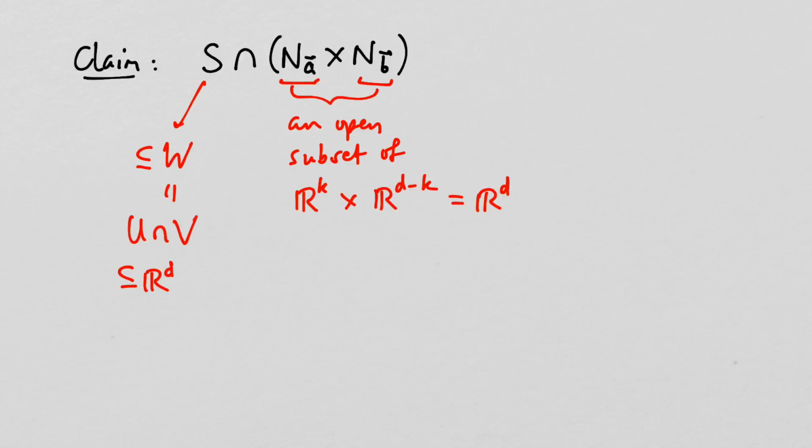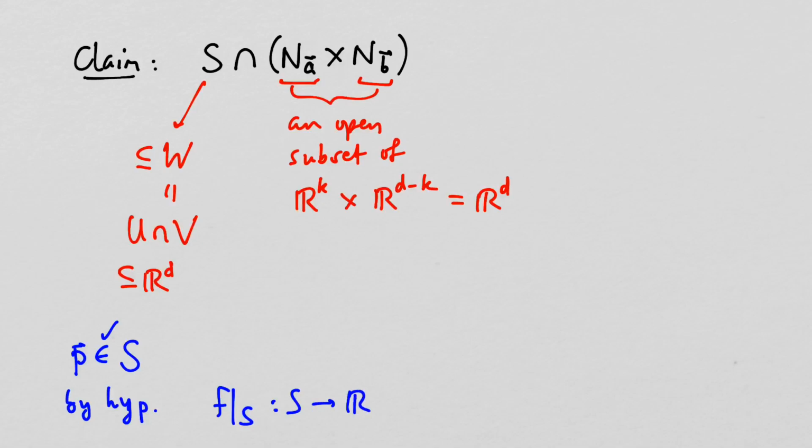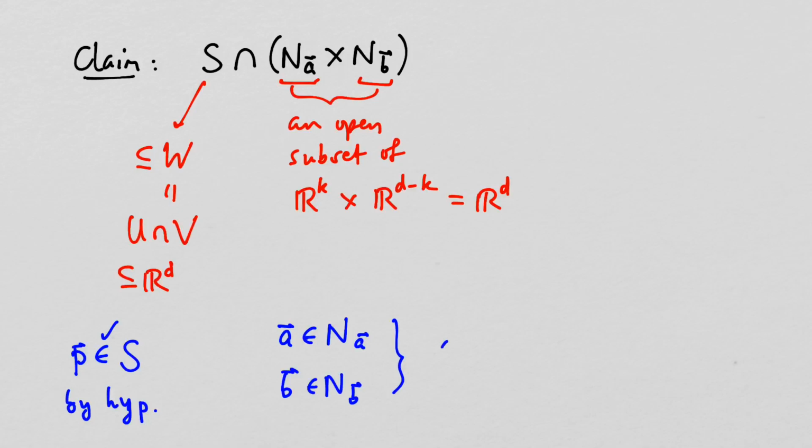Also notice that that intersection is non-empty because the point P belongs to it. Let me discuss why that's true. Remember that P certainly belongs to S by hypothesis, because P represents the global maximum point of F restricted to S. So P has to be in the domain of that function, which is S. But also, A is in this neighborhood, B is in this one, and therefore the concatenation of the two, which is exactly P, belongs to the Cartesian product.